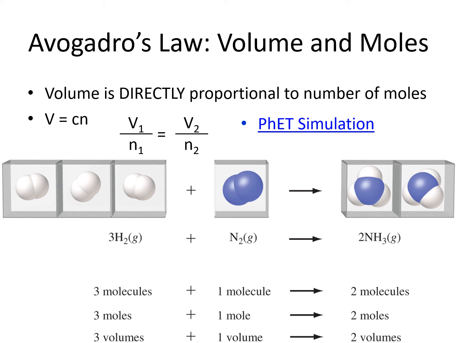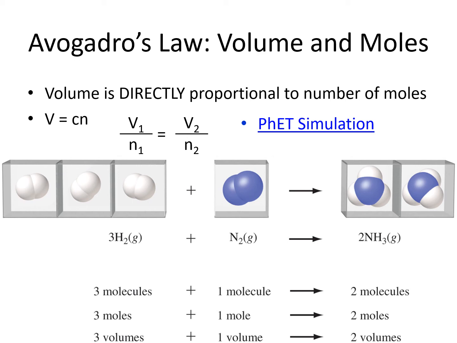Remember, in our balanced chemical equations, the coefficients tell us the ratios of moles in the reaction or the ratios of molecules in the reaction. 3 moles of H2 reacts with 1 mole of N2 to make 2 moles of NH3, or we could say the same thing with molecules. Now we can add another aspect.